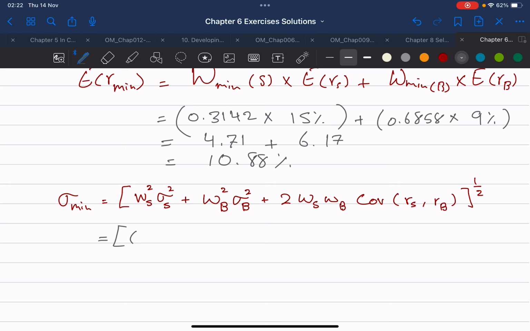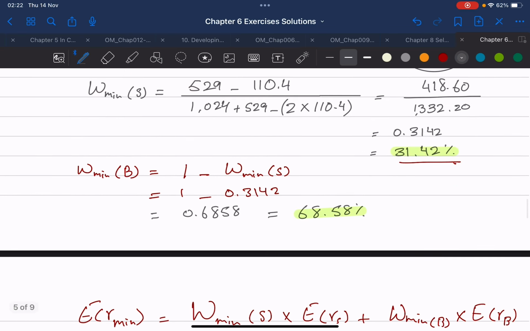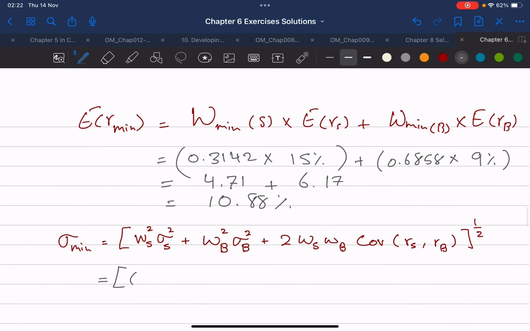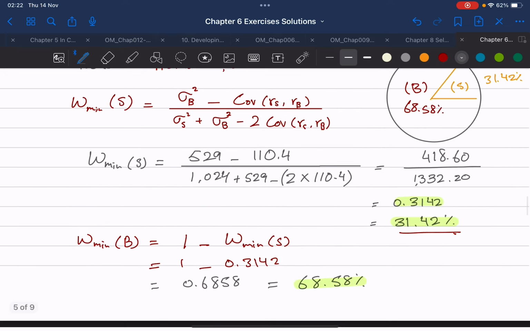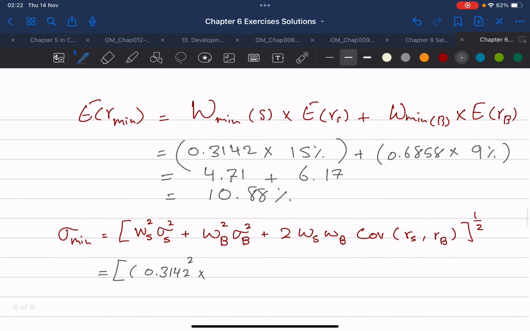The weight of the stock fund, as we have seen already, is here, right? So 0.3142 multiplied by the standard deviation of the stock fund squared, which we already know because we calculated here, so 1024, plus the weight of the bond fund.